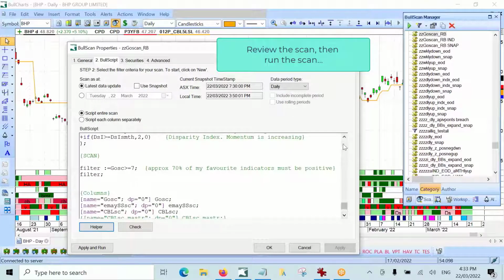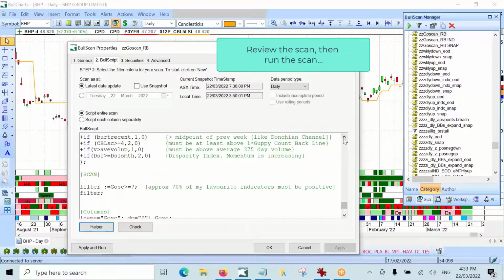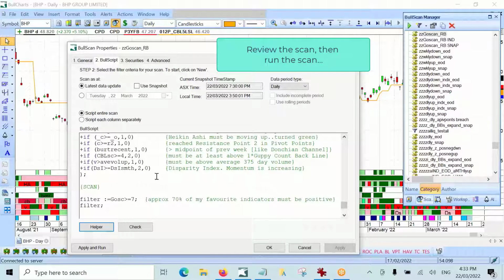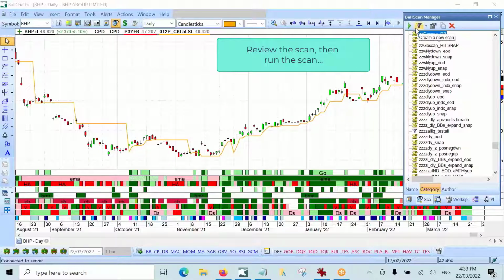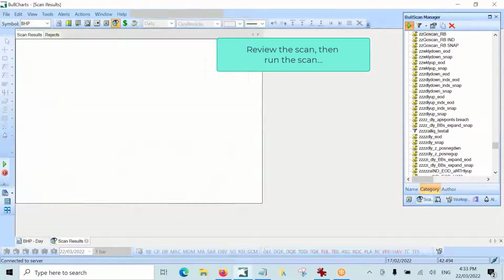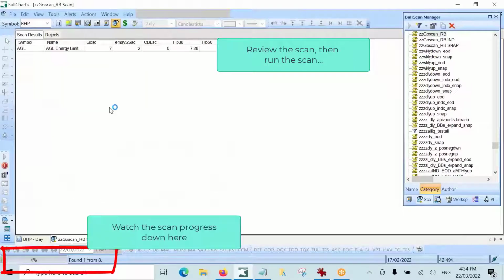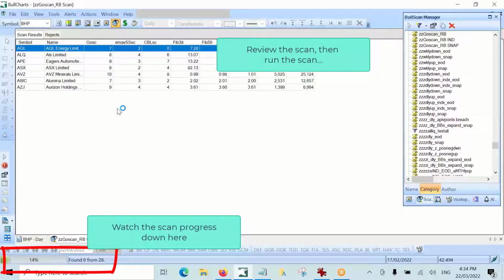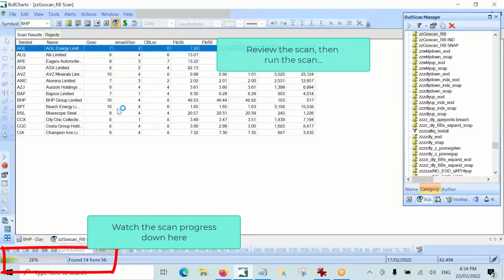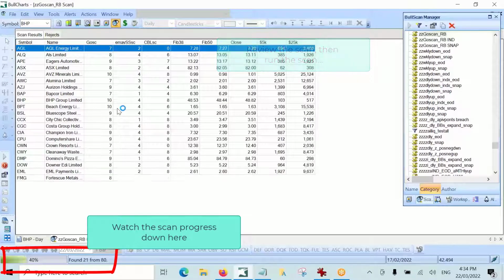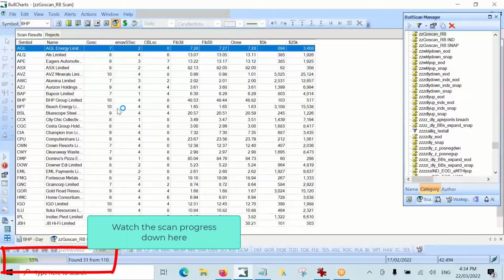You can take some of mine out or add your own to suit yourself, to adjust the actual score. Or you can run the scan from this little green arrow here, which we'll do now. It runs fairly quickly. What have we got here? Is this today's? We'll see.